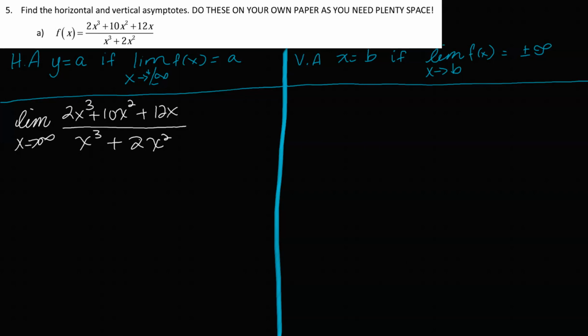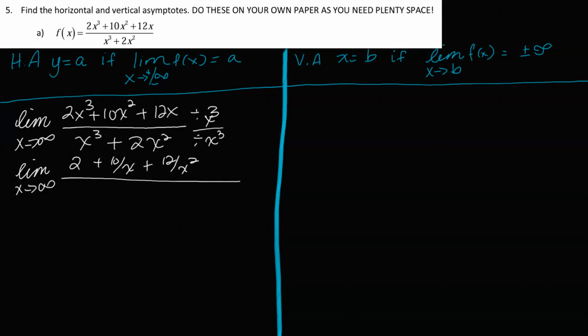Now we could do this a couple of different ways using L'Hopital's rule, or we can just go ahead and divide by x to the third, both the numerator and the denominator. And when we do that, we would say limit as x goes to infinity of 2 plus 10 divided by x plus 12 divided by x squared over 1 plus 2 divided by x.